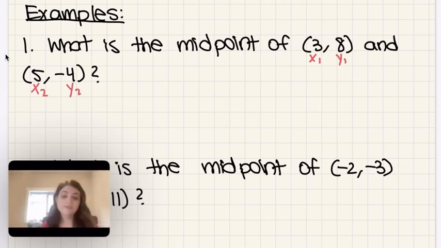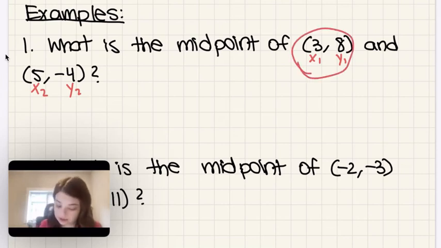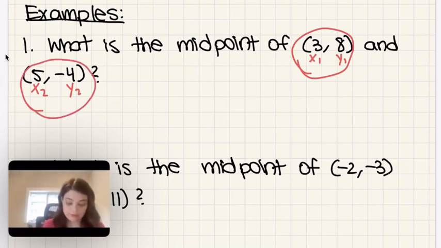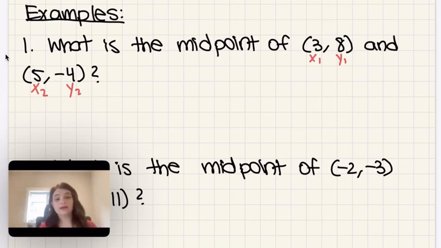It doesn't matter which point you label as point 1 and which one you label as point 2, but it's important that we keep the same point together. So 3 and 8, either they're both 1s or they're both 2s because they're in the same point. And same with 5 and negative 4. So you could label them differently from me and still get the correct answer as long as you stay consistent and have the same number matching up with the same point.